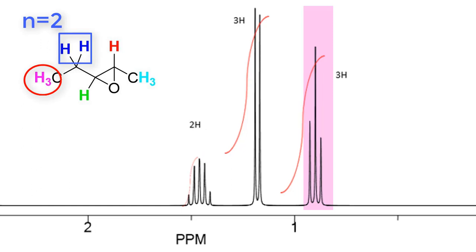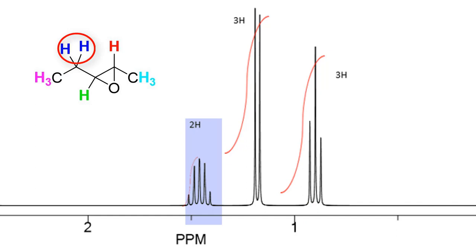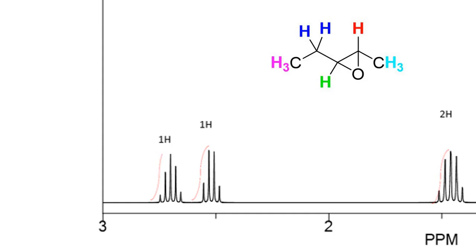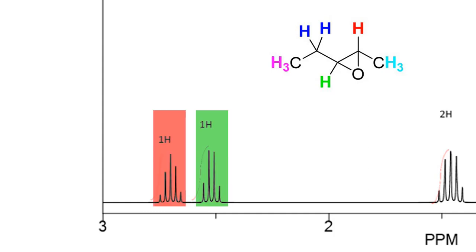And then the pentet that integrates for 2 hydrogens, right? You have the green hydrogen on the right, you have the pink hydrogens on the left. So N in that case is going to equal 4, and then N plus 1 will be 5, so it'll be a pentet for those 2 blue hydrogens. And then with the red and the green hydrogen, one of those is going to be a pentet, and one of those is going to be a quartet, right?